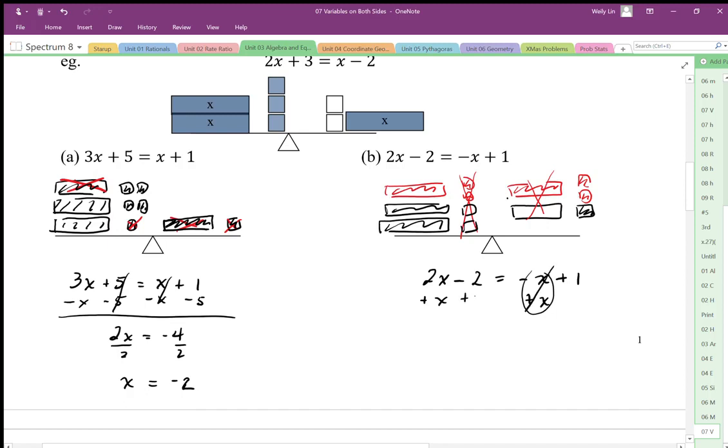I'm going to add 2 to both sides to make a 0 pair here, and that's what we did up here. That's the exact same steps, so we end up with 3x equals 3 1's. Okay, so then divide by 3, divide by 3, we end up with x equals 1. Okay, and which is what our balance shows us as well.